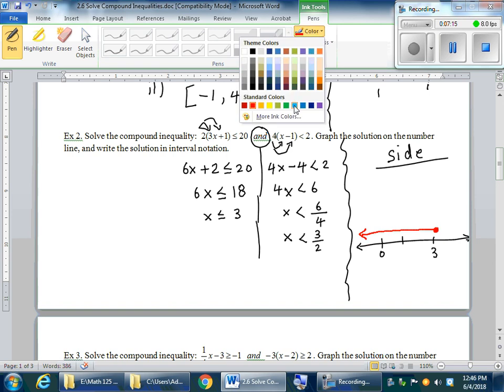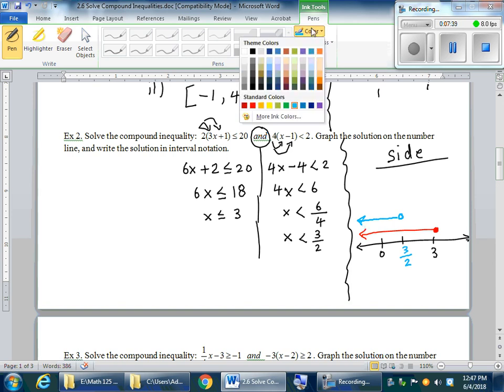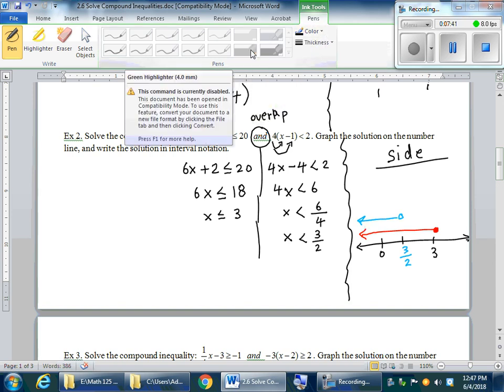The next one is x is less than 3 over 2. Here's 3 over 2, which is 1.5. That will be an open circle because of less than, and it goes in this direction. Now this helps us see where the solutions of these two inequalities overlap.